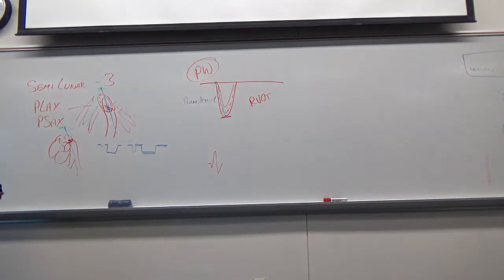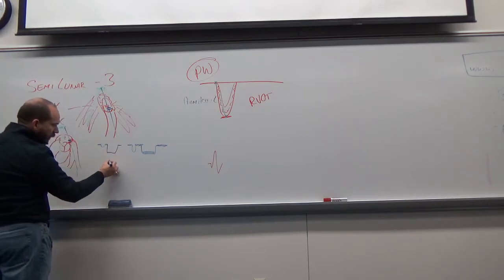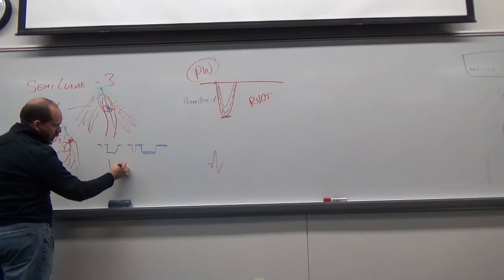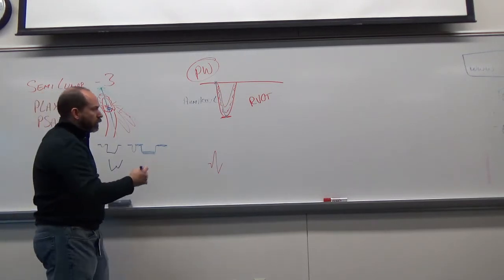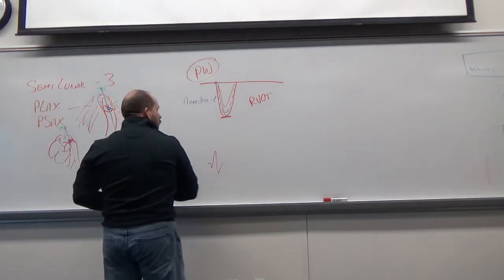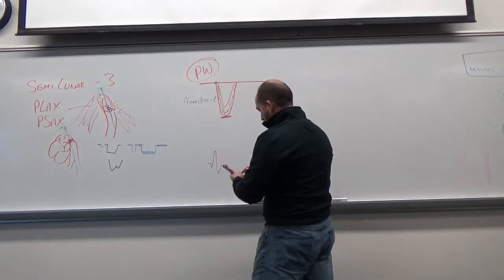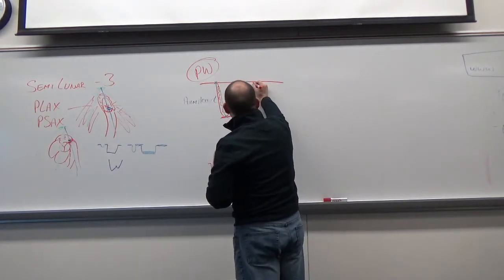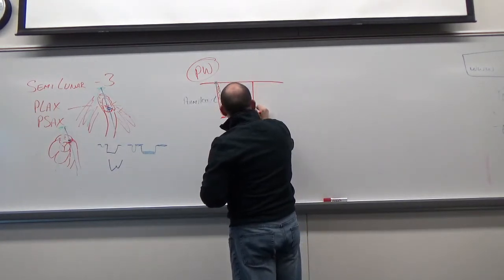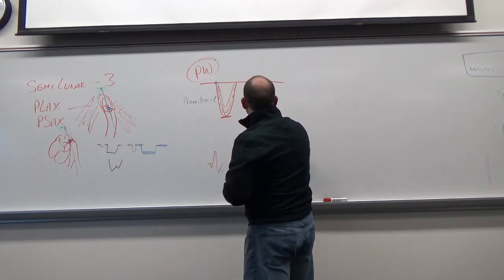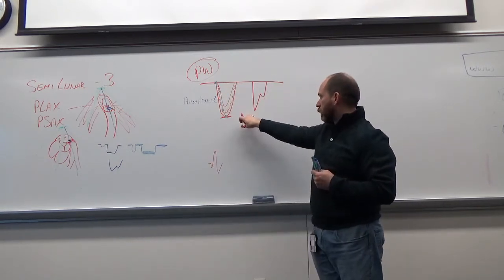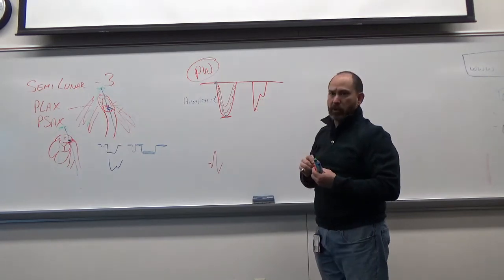So in M mode, you'll see the flying W pattern. So the box part is going to look more like this. And in the waveform, it's going to be a very steep upslope. So I get an early peak and then a little blip after that.